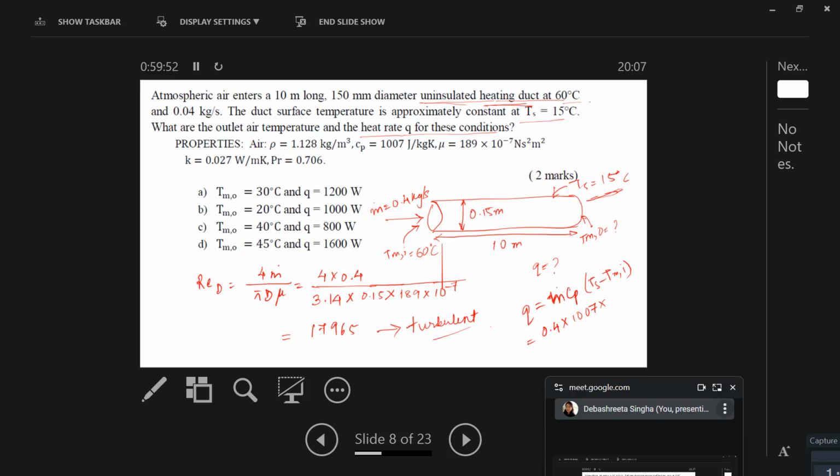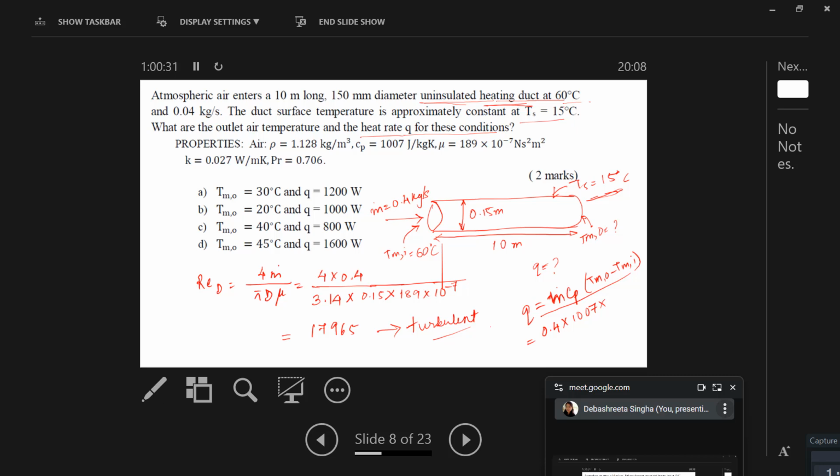Sorry, it should be Tmo, outlet temperature minus inlet temperature. So this is the overall heat balance.